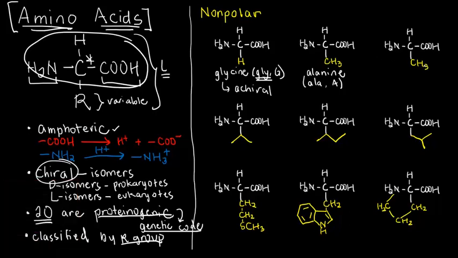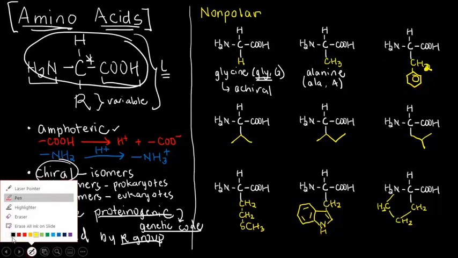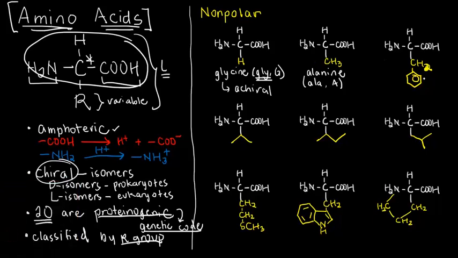But the next amino acid, just for you to see the relationship with alanine, is almost like alanine except one of those hydrogens is removed and replaced with a benzene group. And remember, when we name organic compounds that have a benzene substituent, the name is phenyl, right? Phenyl. So all we have to do is to copy the name alanine and add the prefix phenyl. And we have the name phenylalanine.